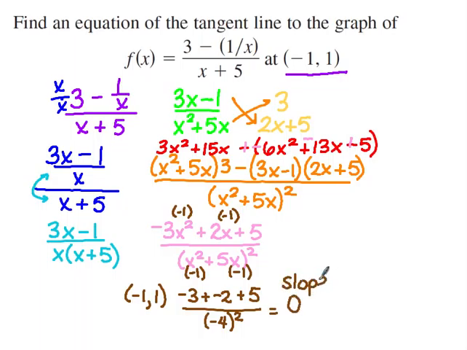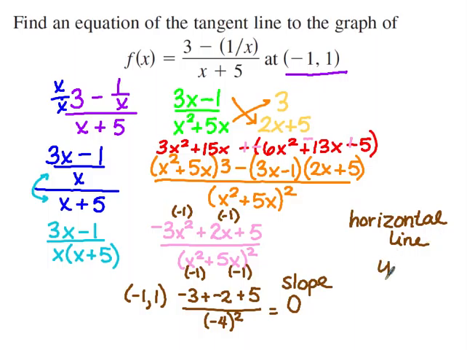So what's your slope? Your slope is 0. So if you have a slope, vertical line, horizontal line, what is it? Slope is 0. Horizontal line. So a horizontal line goes with y, right? So your equation should be what?